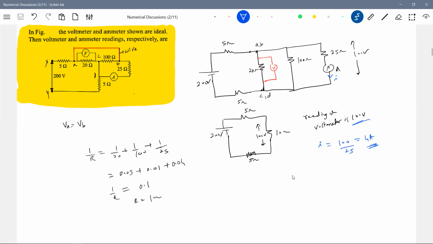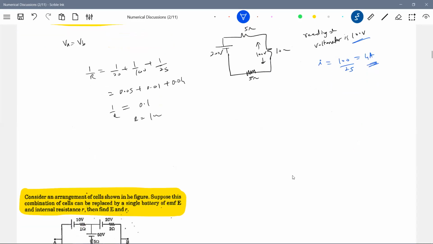So many things are there. For all of them, when you see a wire, it is going to help you a lot. Make them common. Here also one wire is there, two wires are there. Wires are there to help us.